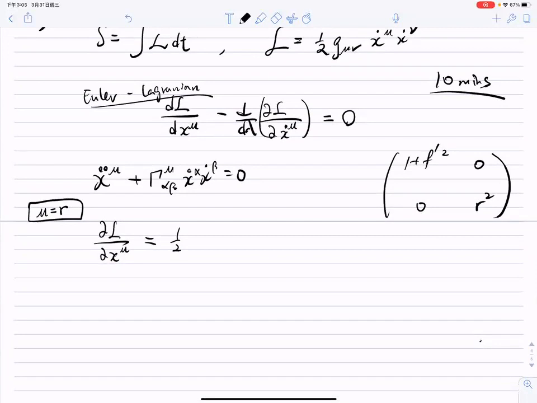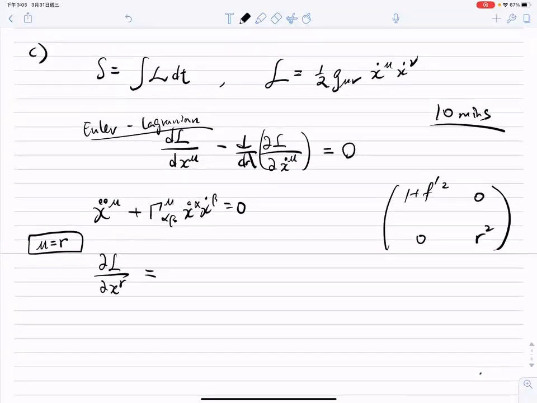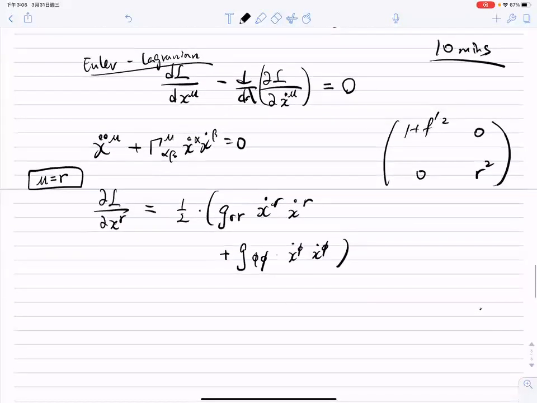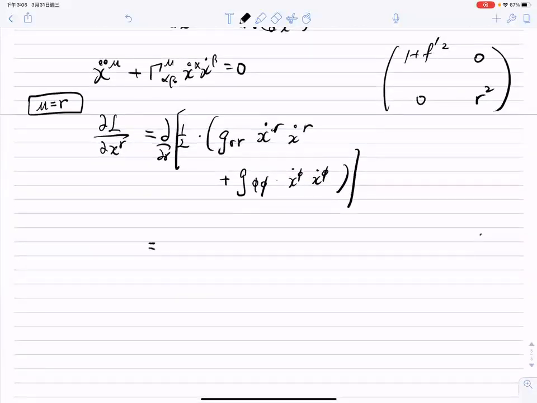For mu equal to r, we take the partial derivative with respect to r, of g rr r dot squared plus g phi phi times phi dot squared, something like this.